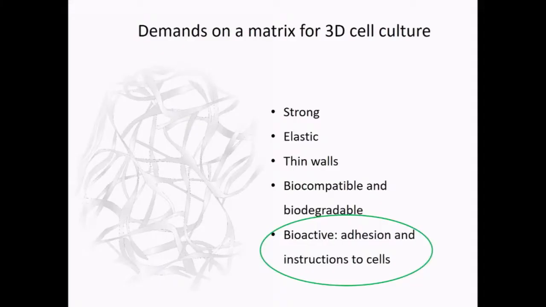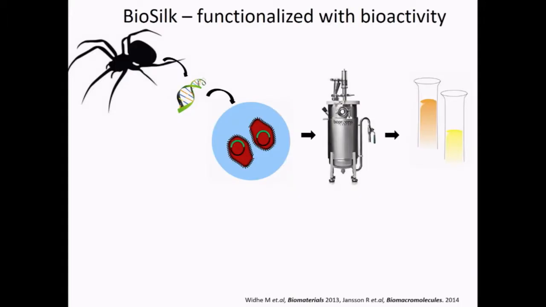So what we have done is that we have introduced bioactive modules into our silk. And this we do by combining the gene that encodes this silk protein with the gene that encodes this type of bioactive modules.